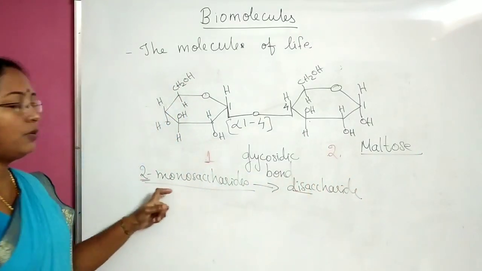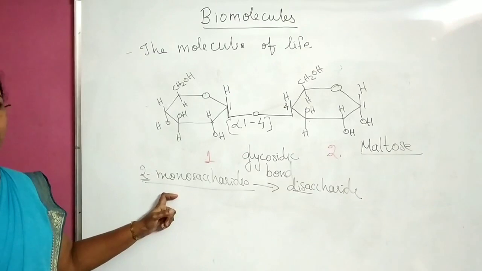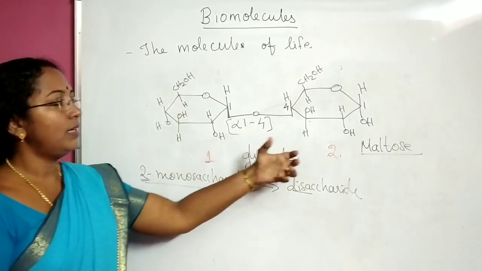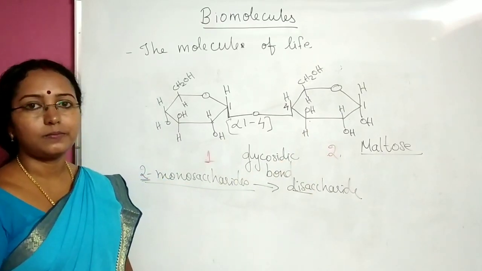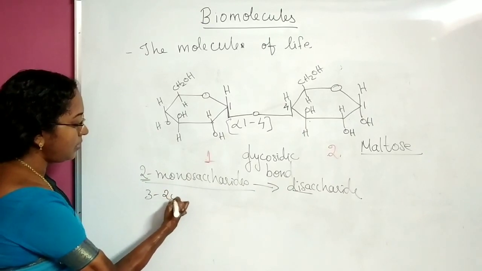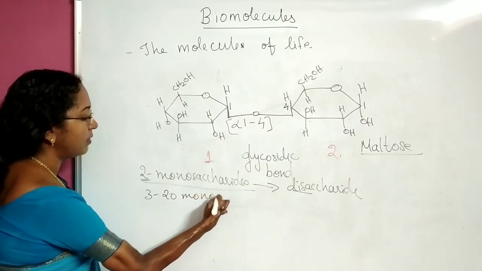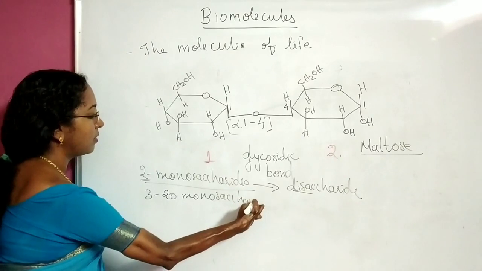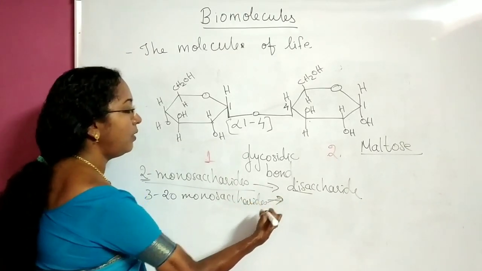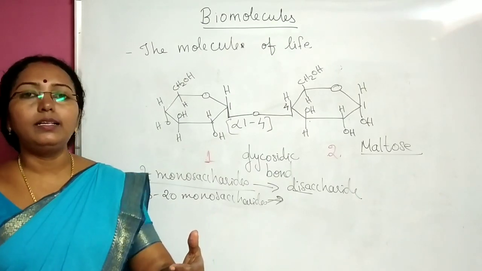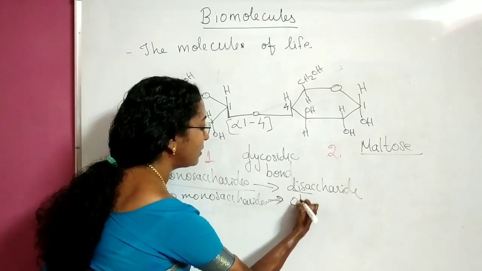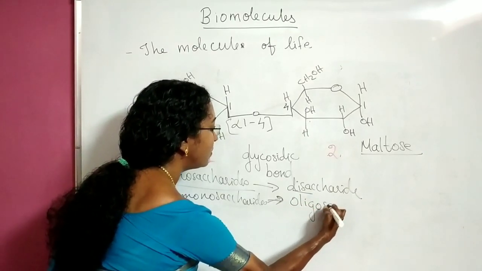Maltose is a disaccharide. Disaccharide means it is made up of only two monosaccharide units. So what is shown here is actually structure of a disaccharide, example maltose. Now if 3 to 20 monosaccharides are added one after the other and engaged in glycosidic bond, then I call that kind of molecule as an oligosaccharide.